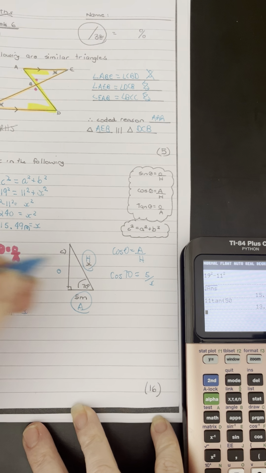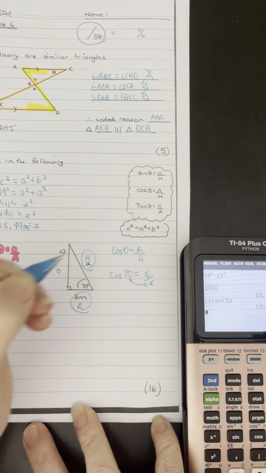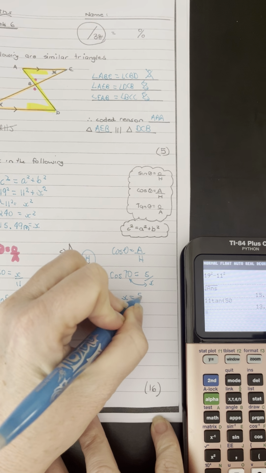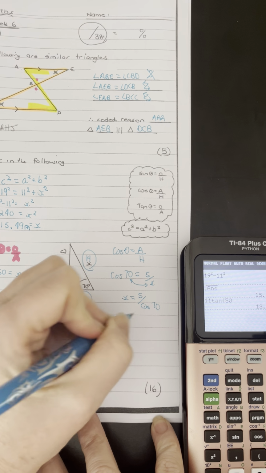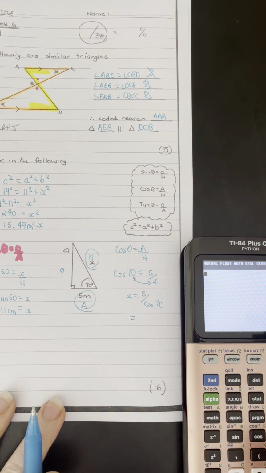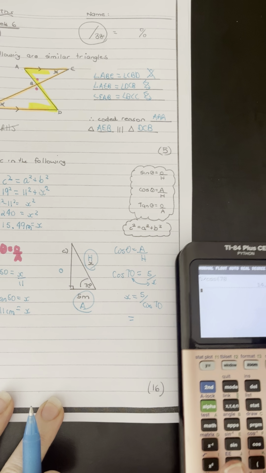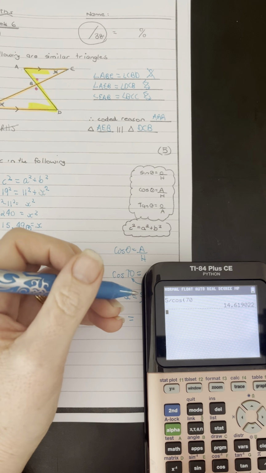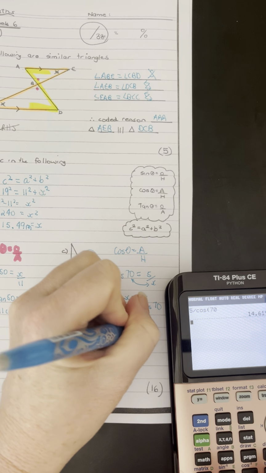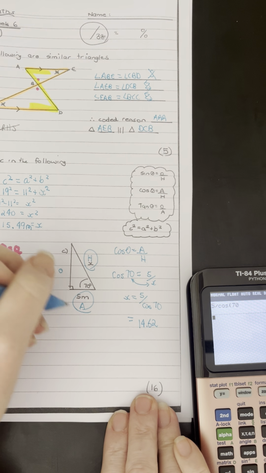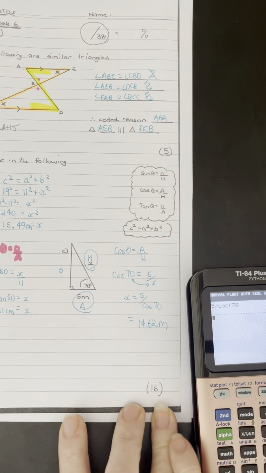My x is on the bottom, which means I can make these two swap sides. X is equal to 5 on cos 70. I'll grab my calculator and do my 5 divided by cos 70, and I get 14.619, so I'll round that to 14.62, and that will be meters for my units.